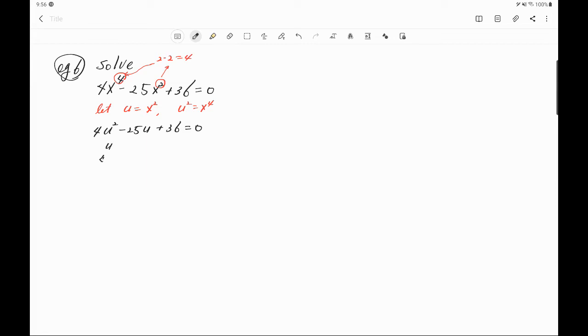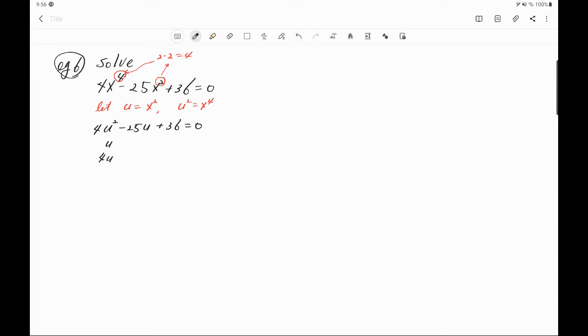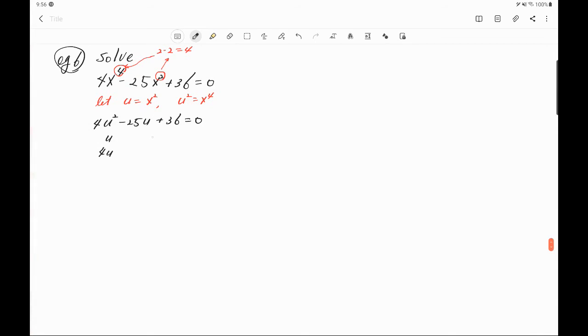Let's try this one: u times 4u. And 36 is 9 times 4, or 4 times 9. So put both negative: the product of negative 4 and negative 9 is 36. Then cross multiply: negative 16u, and this product is negative 9u.